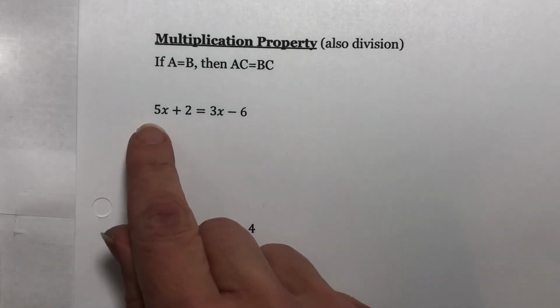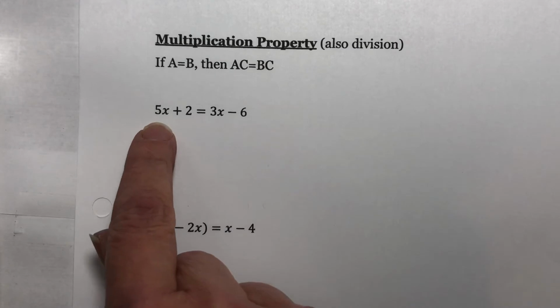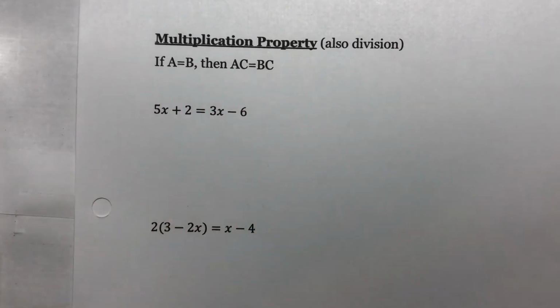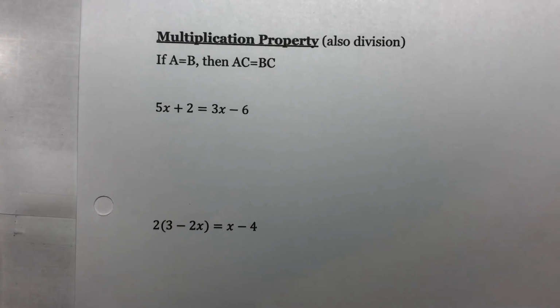It does not matter whether we move the 5x to the right or the 3x to the left. It works either way. Most people have a preference to either make the coefficient of x positive every time or to get the x on the left every time. It's your personal choice. It makes no difference whatsoever. You should end up with the same answer no matter what.